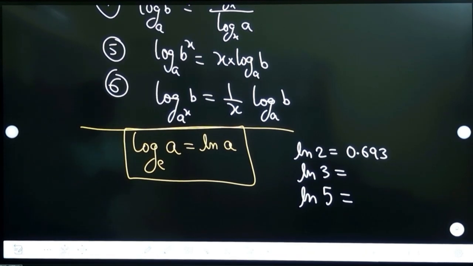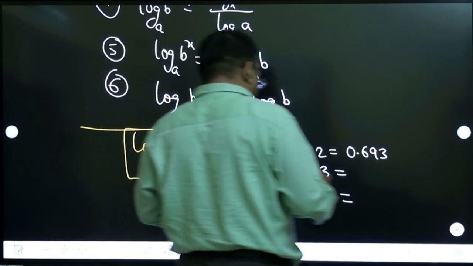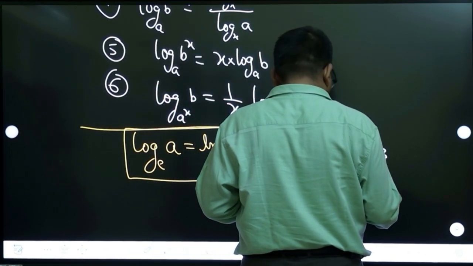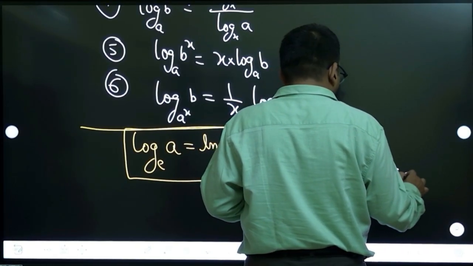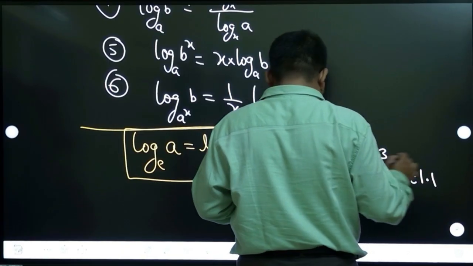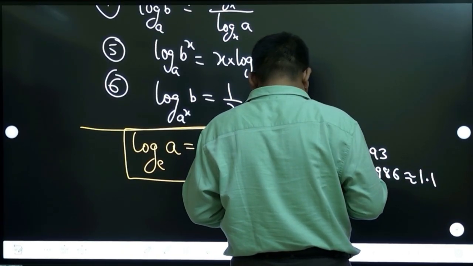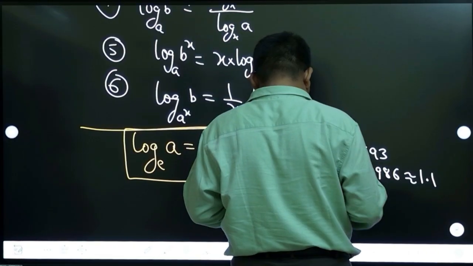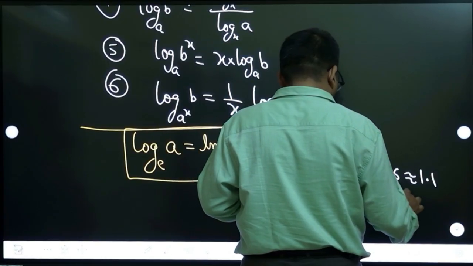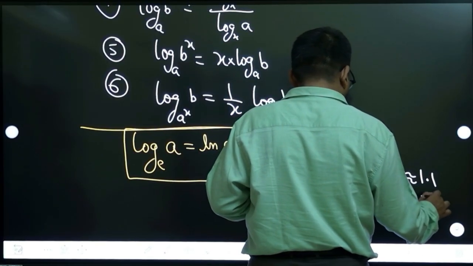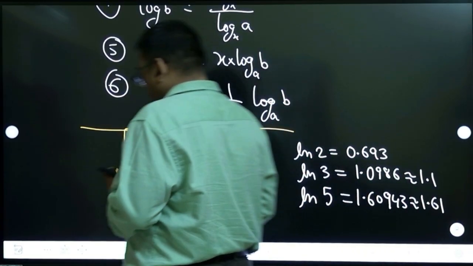So if I write ln 3, I'll give the value from the calculator because it will be used: 1.0986. But you can use 1.1 in some calculations. Then what about ln 5? It is 1.60943. You can use it as 1.61. Okay, up to that much.